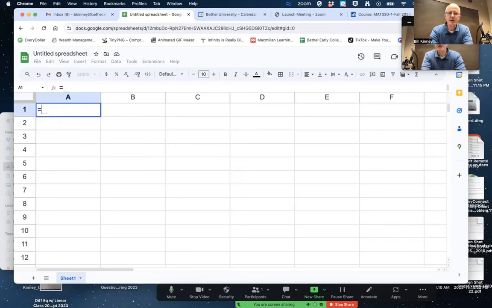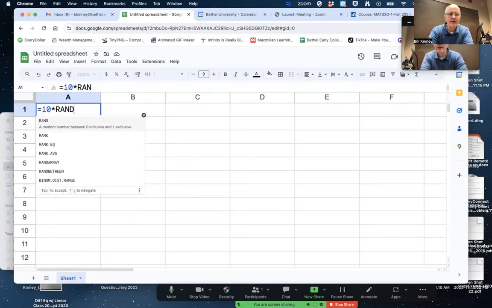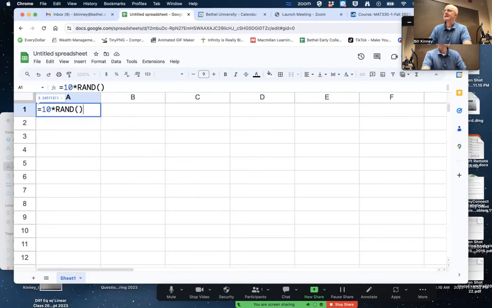And let's say my distribution is uniform. Equals rand simulates sampling from a uniform distribution on the interval from 0 to 1. Let's make it a bigger interval, like 0 to 10. I could do equals 10 times rand to simulate sampling from a uniform distribution on the interval from 0 to 10.